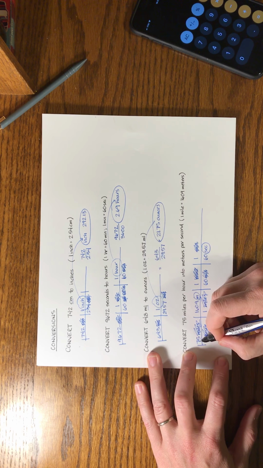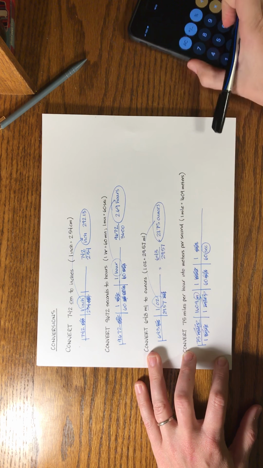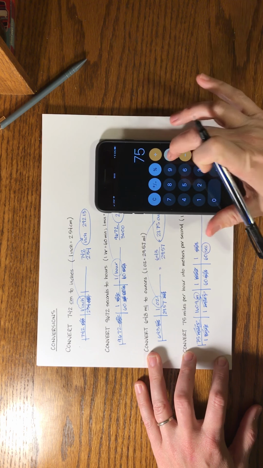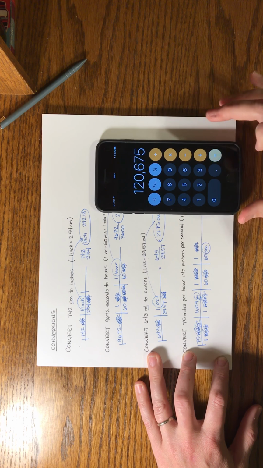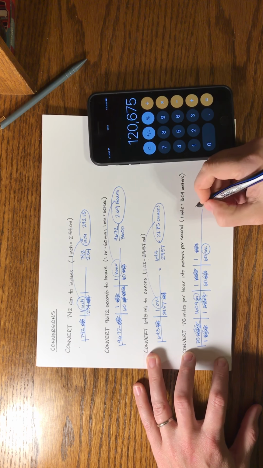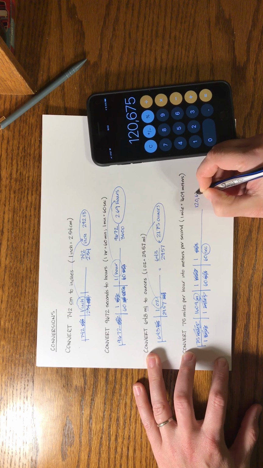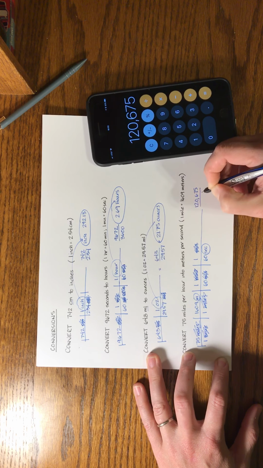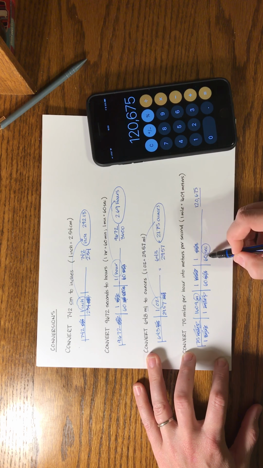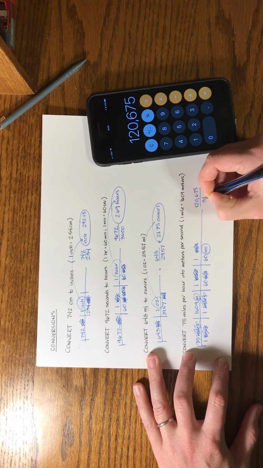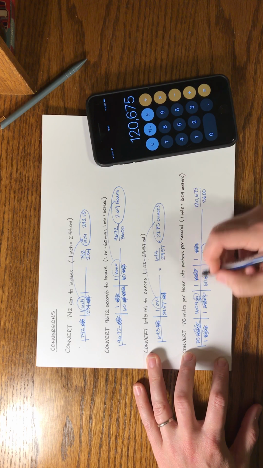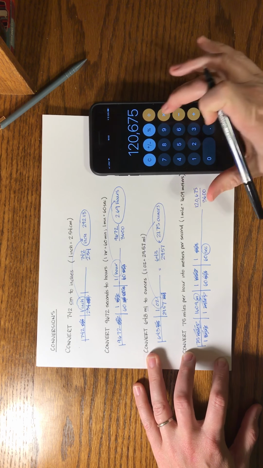So now I'm going to multiply across. 75 times 1609 is what? Yikes, that's a big number. 120,675. And then 60 times 60, we did that up there. It's 3,600. And then we can simplify that.